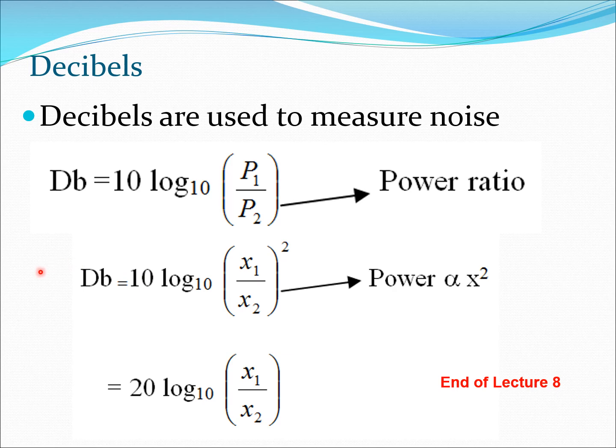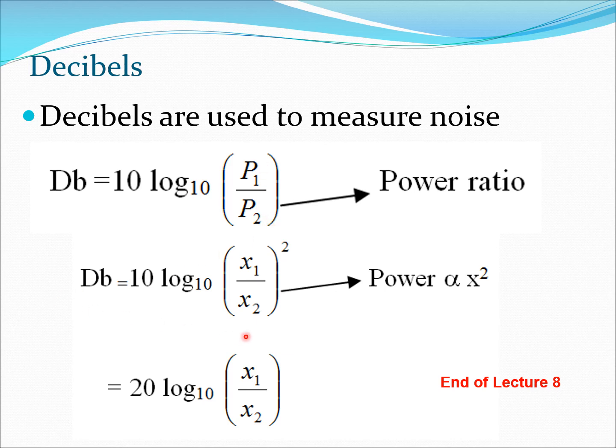Now finally, when you want to measure noise, which is very similar to vibration, you often use decibels. And decibels are defined as 10 log10 P1 by P2, where this log is to the base 10. So this is a power ratio, P1 by P2.